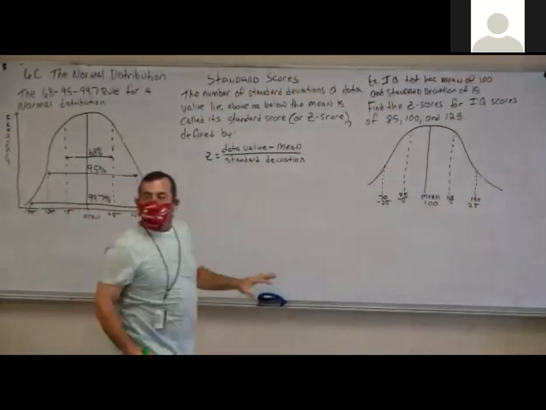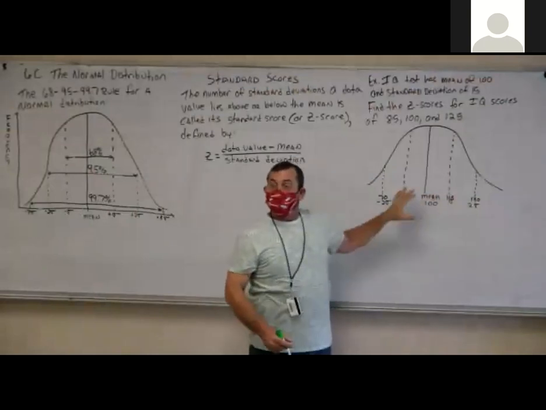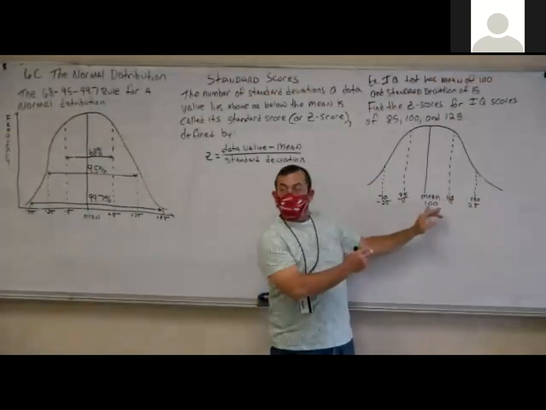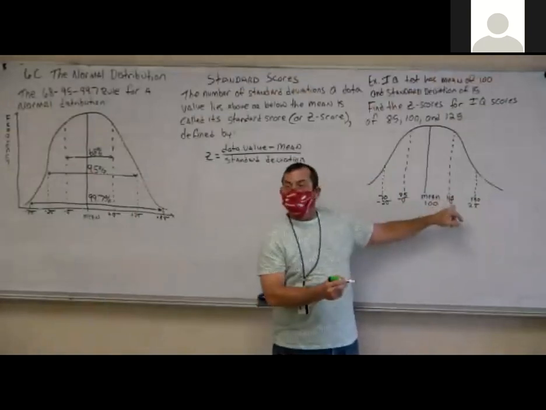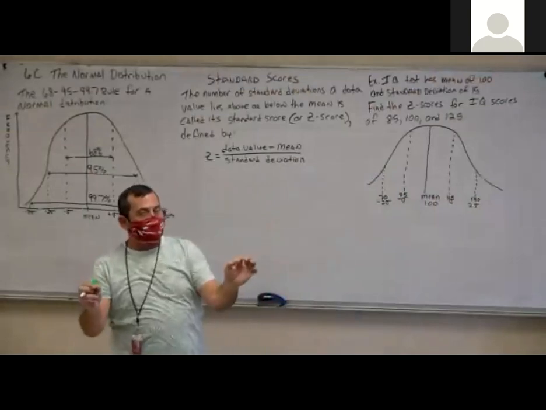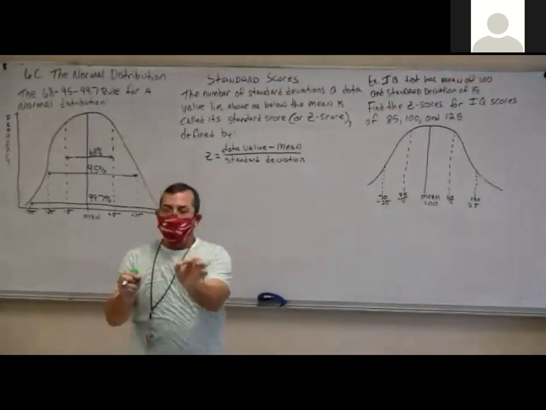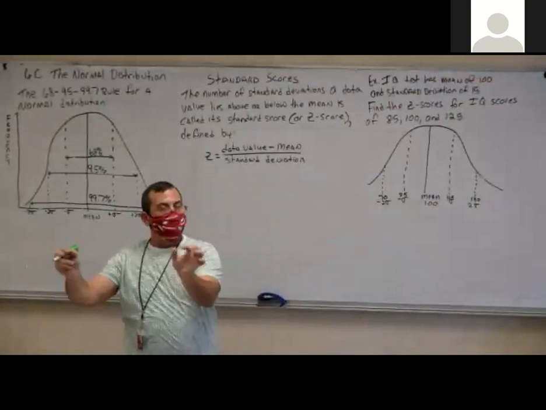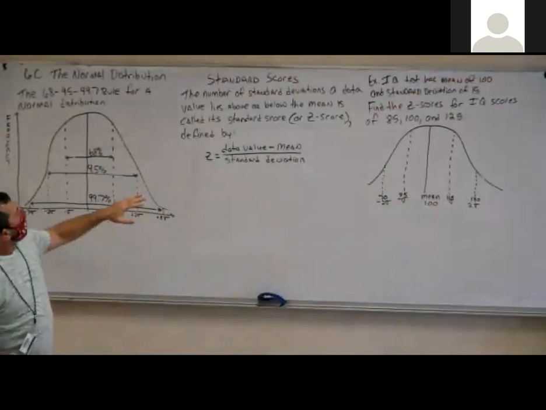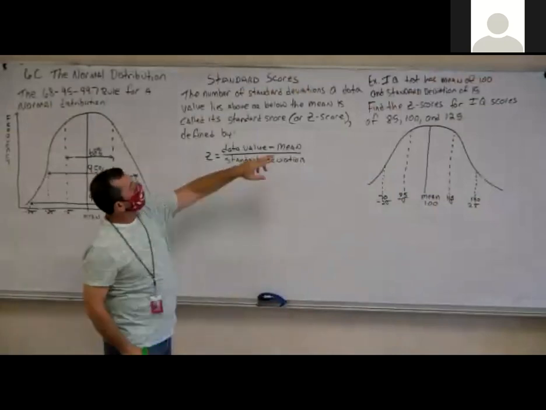So I just wanted to see what was really going on. Anything with a score between 100 and 115 would be between 0 and 1 standard deviation. Anything from 1 standard deviation to 2 would be a 1-point-something number, and so on. Okay? So we're going to use this formula with those 3 numbers.